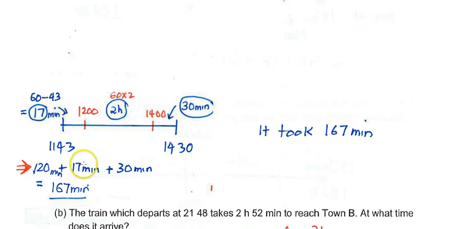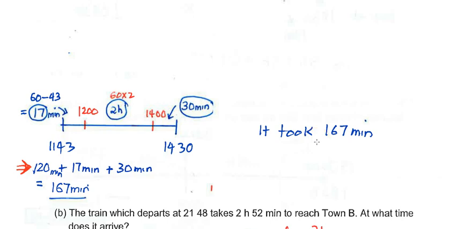So what you have here in total is 120 minutes, which is 2 hours. 60 times 2, you get 120 minutes, plus 17, plus 30. The total duration for traveling is 167 minutes. So you write your statement, it took 167 minutes.